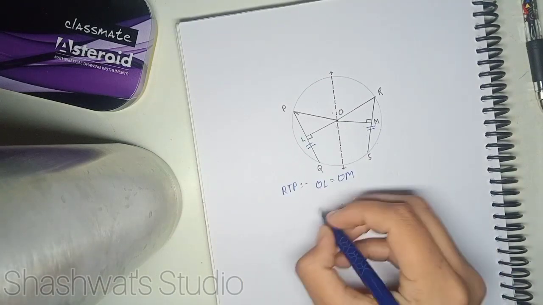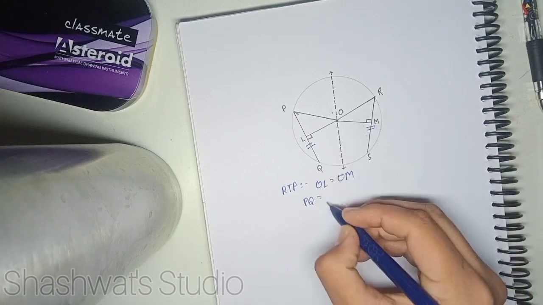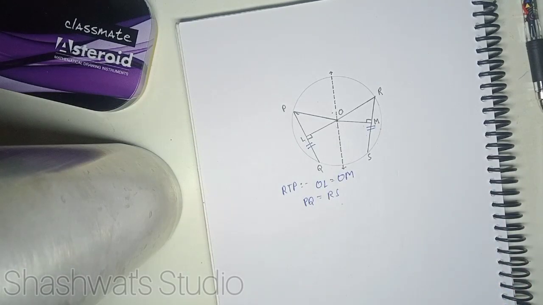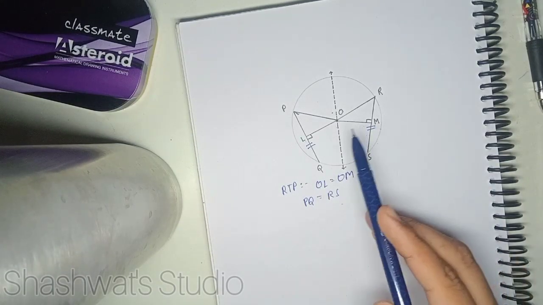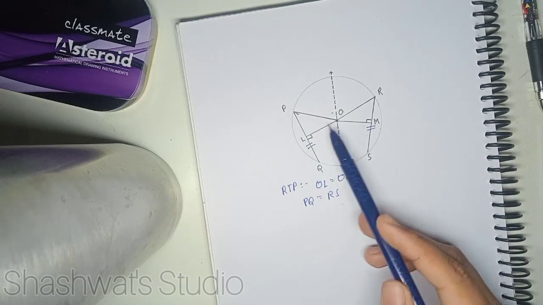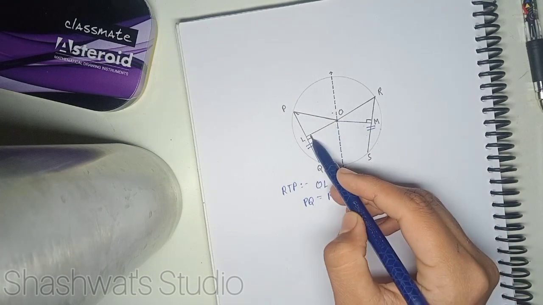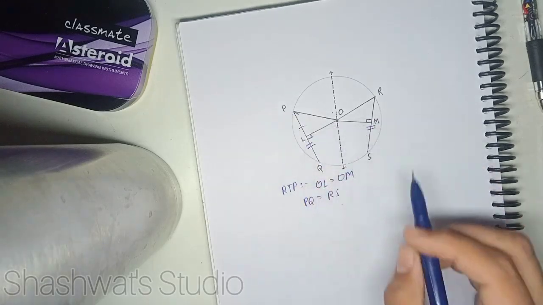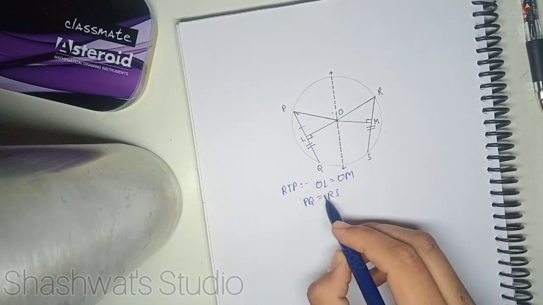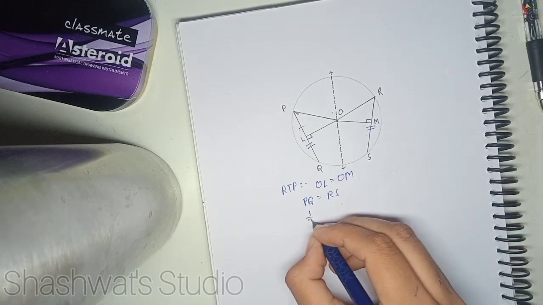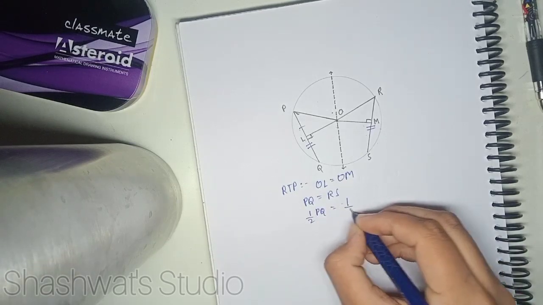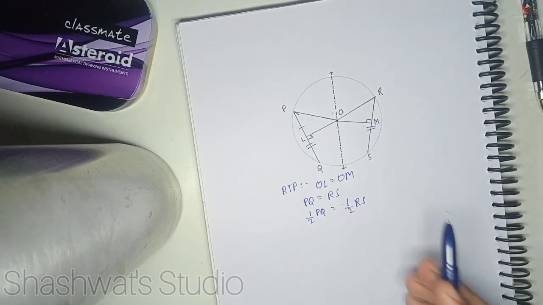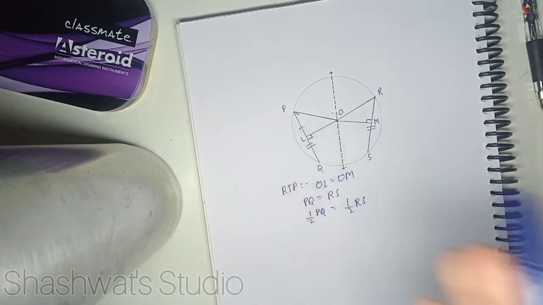As we have PQ is equal to RS, and in the last theorem we saw that the perpendicular drawn from the center on a chord bisects it. It means you can see this is a perpendicular, so PL will be equal to QL. So if PQ is equal to RS, definitely half of PQ will also be equal to half of RS.